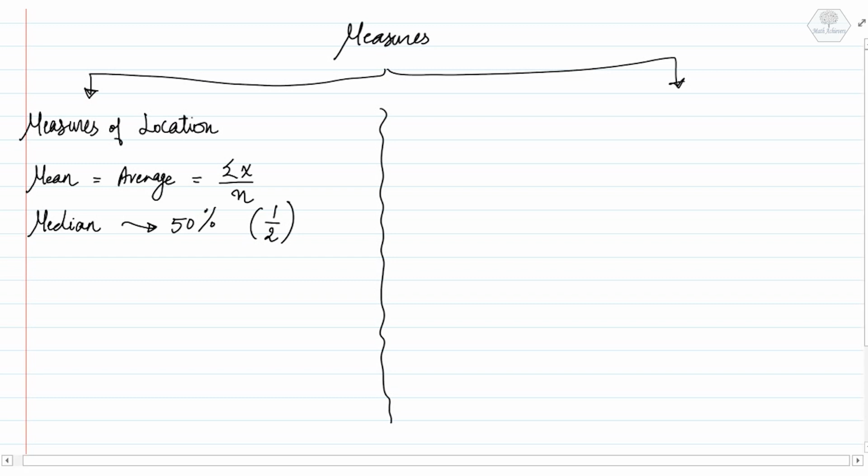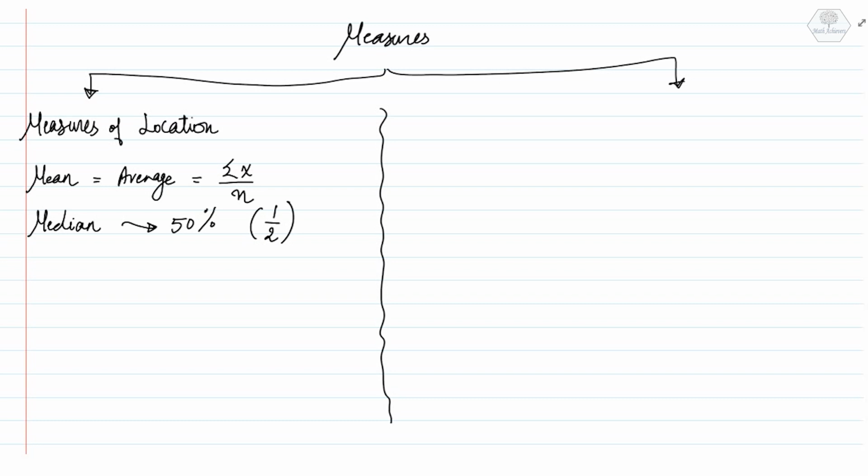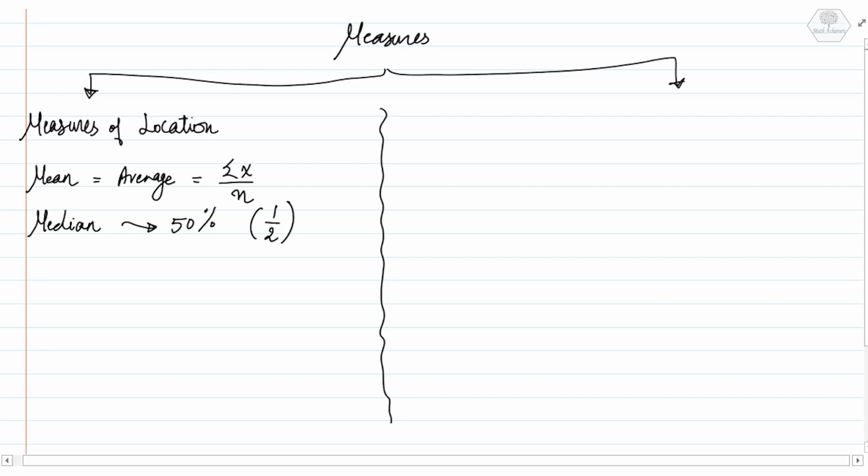The mean and the median are classified as measures of central tendency. The mode as well is a measure of central tendency.